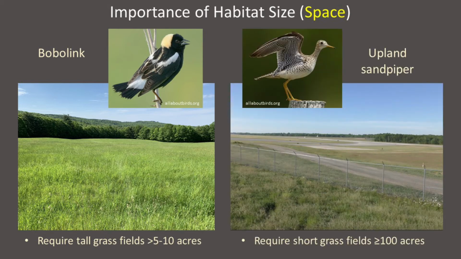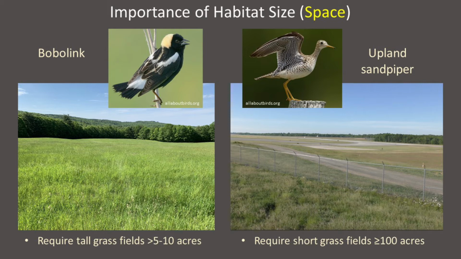Upland sandpipers require short grass fields, and they are unlikely to occur in fields less than about 100 acres in size. So in New England, where we don't have many 100-acre fields, upland sandpipers are very uncommon, whereas bobolinks are comparatively easy to find because there are still many fields large enough to meet their needs.